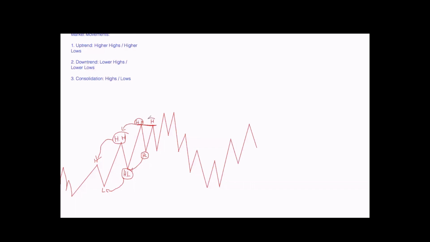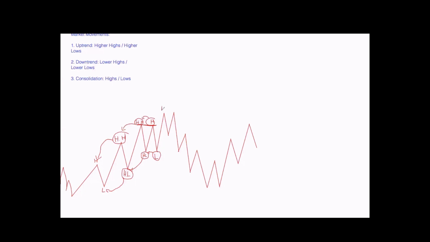So that's a high because it's not higher than our previous high, and it's not lower than our previous high. It's in the same price range, making it a high. Same thing. This is a low because our low is as low as our previous low, making it a low, not a lower low, not a lower high, simply a low.